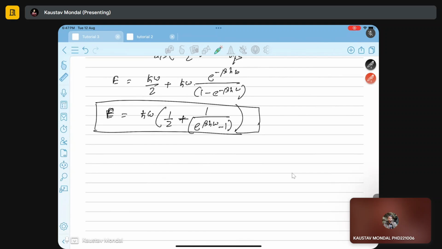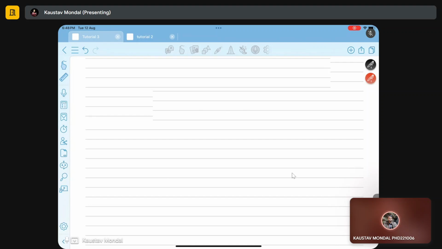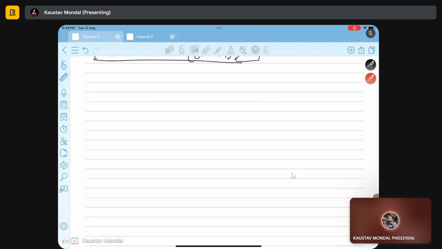Now, in all the previous tutorials and problems that we have done so far, we have considered the beta value as 1 by kBT, right? In the previous problems, we considered beta as 1 by kBT.